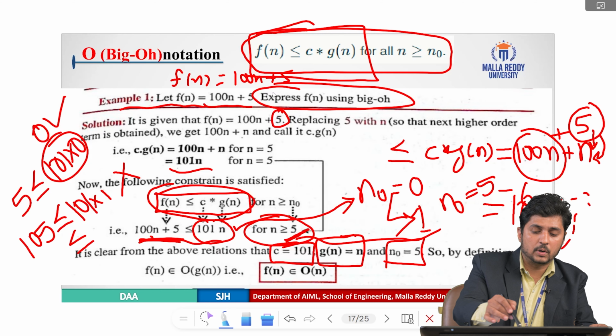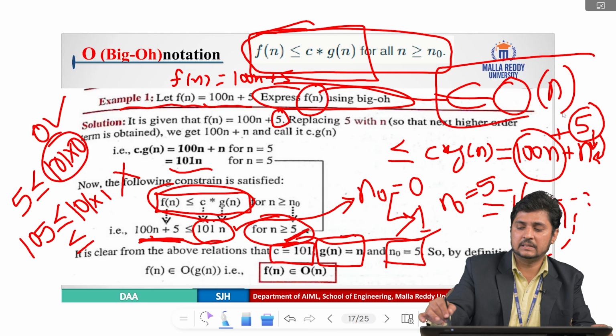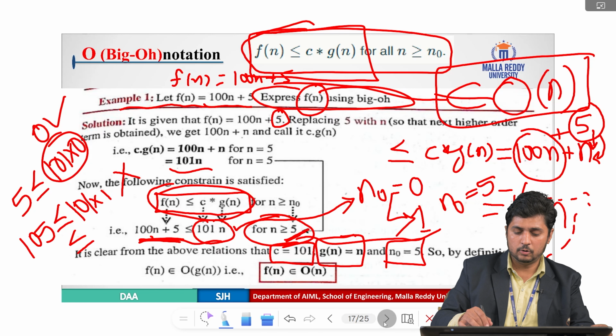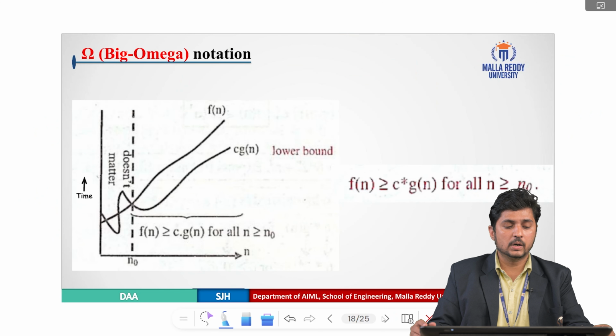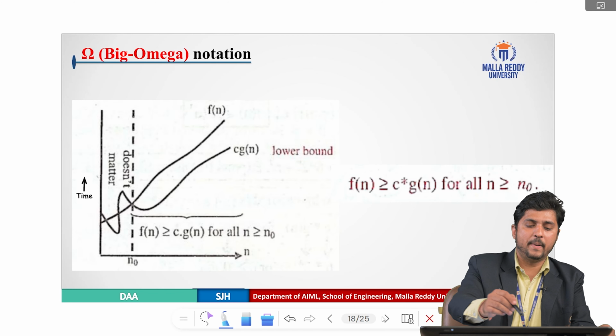So finally we are going to conclude that this given function, f of n, belongs to big O of which class? That is the linear class. So in this way, we need to solve a problem. Moving towards the second category, that is the second asymptotic notation, big omega notation.